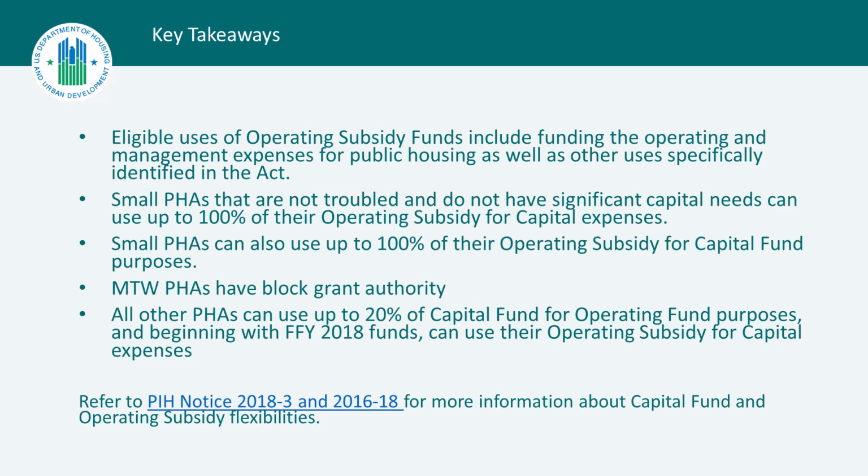MTW PHAs have block grant authority. All other PHAs can use up to 20% of capital fund for operating fund purposes, and beginning with federal fiscal year 2018 funds can use their operating subsidy for capital expenses. Refer to PIH Notices 2018-3 and 2016-18 for more information about capital fund and operating subsidy flexibilities.